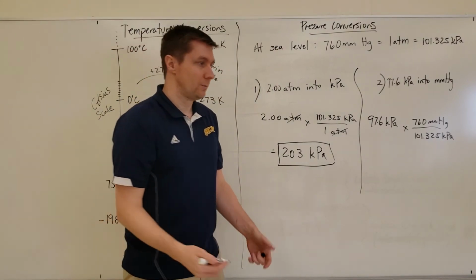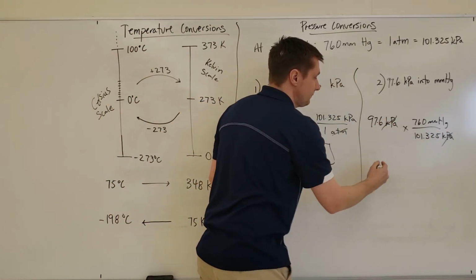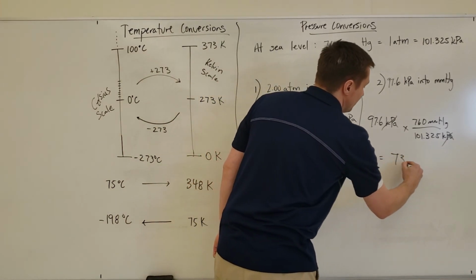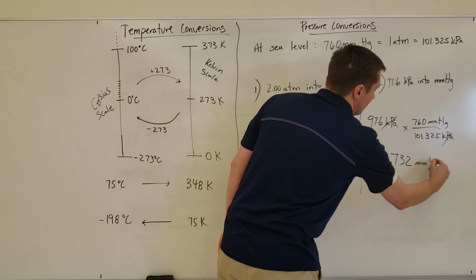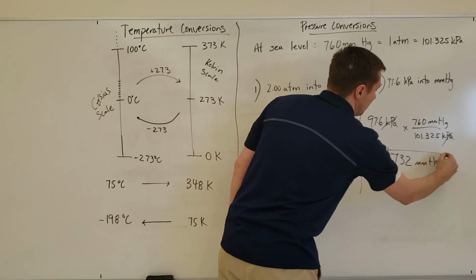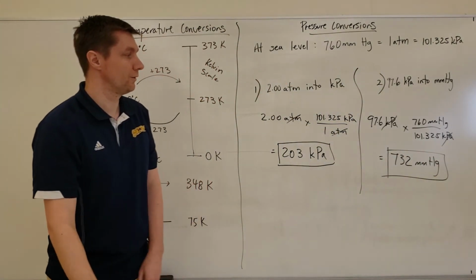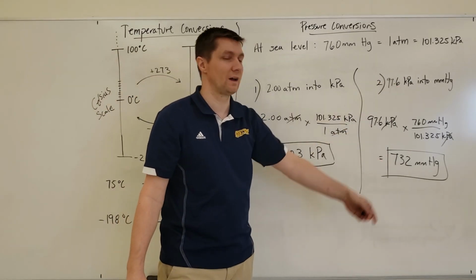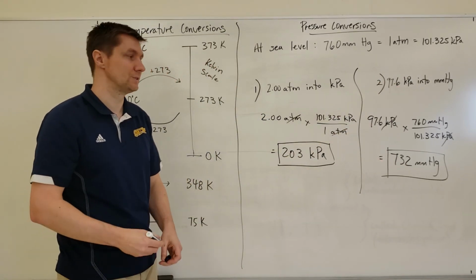So then you can see the kilopascals will cancel out. Plug that into your calculator, and you end up with 732 millimeters of mercury. Again, rounded to 3 significant digits because that's the number that was provided to me in the question. It had 3 sig digs.